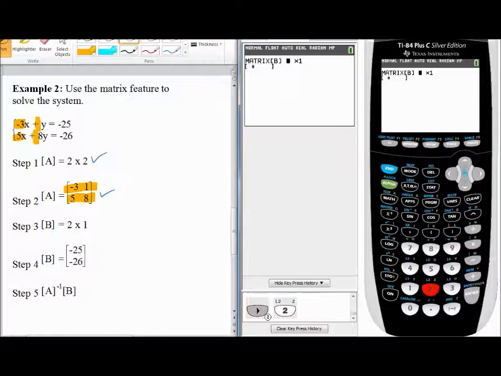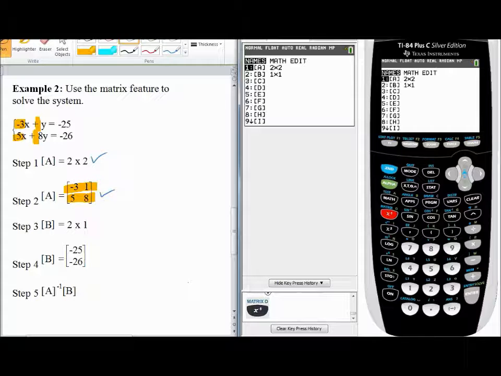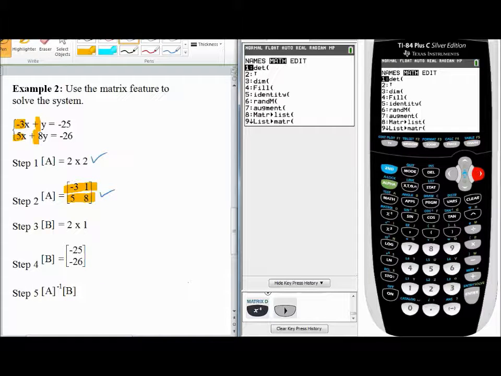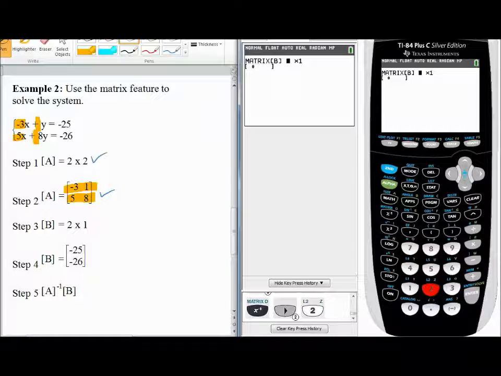And I'm going to do that again because most of the time when I'm teaching students this, they try to go too fast, and what they'll do is they'll hit enter and they're still in matrix A and they don't realize it. So I hit second, x to the -1. I scroll over to edit. This time I'm hitting number 2. Make sure you're paying attention to your calculator view screen, and it has matrix B and you're not in matrix A. It should once again say 1 by 1.